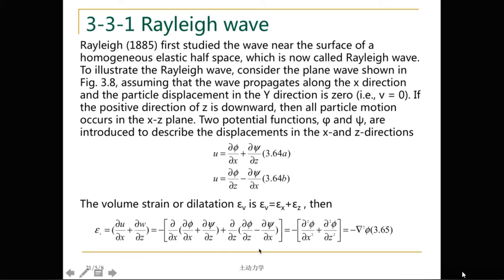Now we can simplify it: epsilon v equals negative d²phi/dx² plus d²phi/dz². Here is a negative Laplace operation on the function phi.